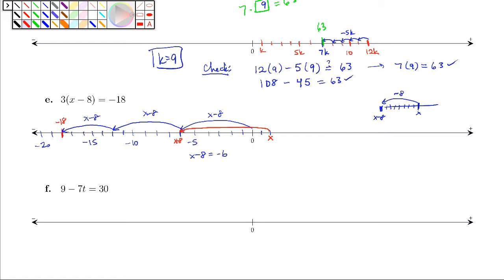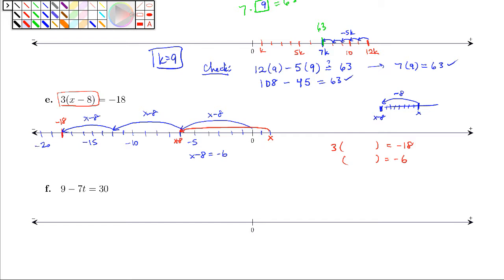And looking at this picture, I encourage you to actually look at solving this equation in this way, because we can solve it piece by piece. We have 3 times something equals negative 18. That tells you that that something has to equal negative 6, right?